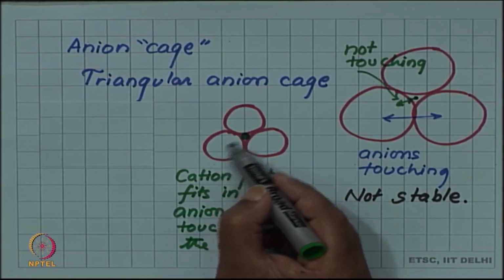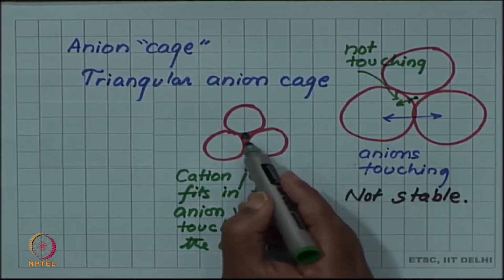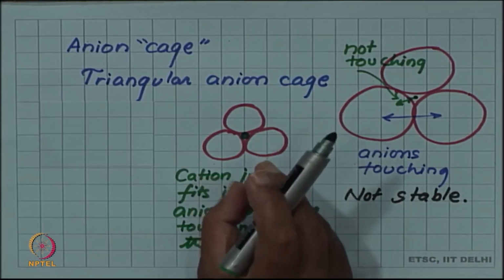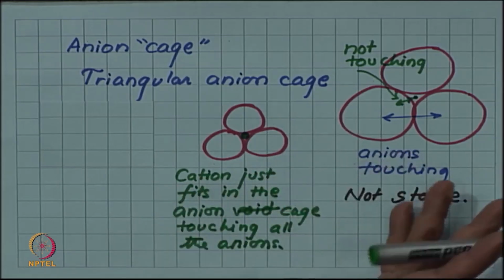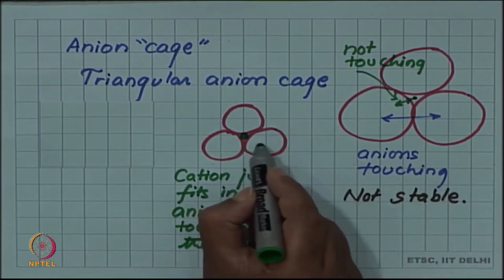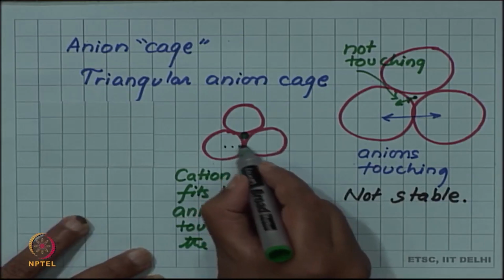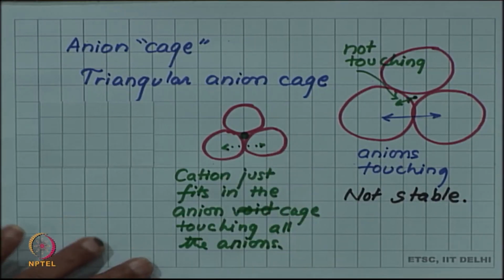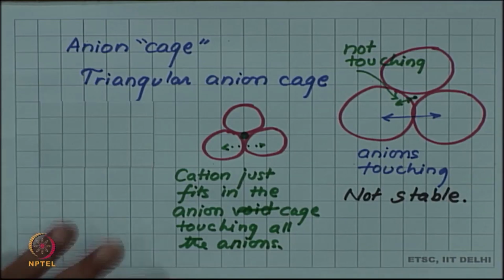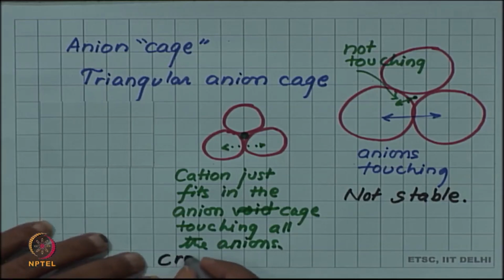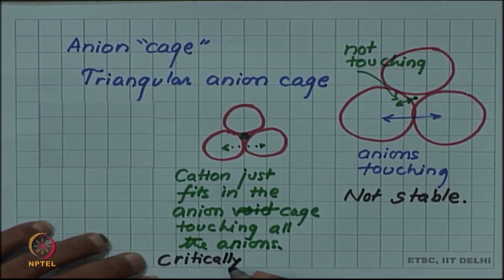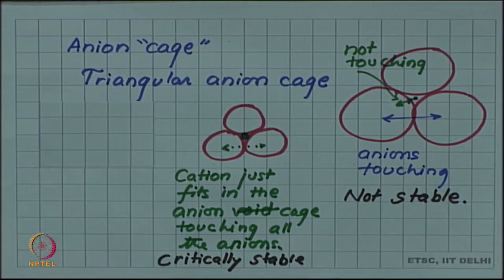So cation and anion are touching, there is an attraction and they are touching. So that is good, we have minimized the distance. At least we have achieved some more stability than what we had discussed here, because now cation and anion are in contact, whereas we have still not achieved a separation between anion and anion, which is not good from the electrostatic energy point of view. So this we will call critically stable. It is a little better than not stable, but it is still not fully stable.